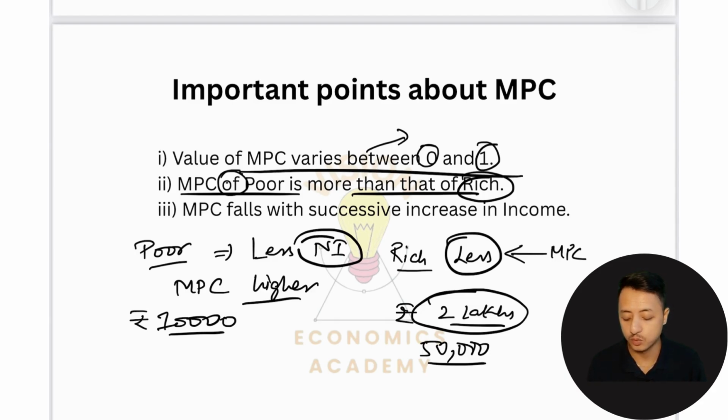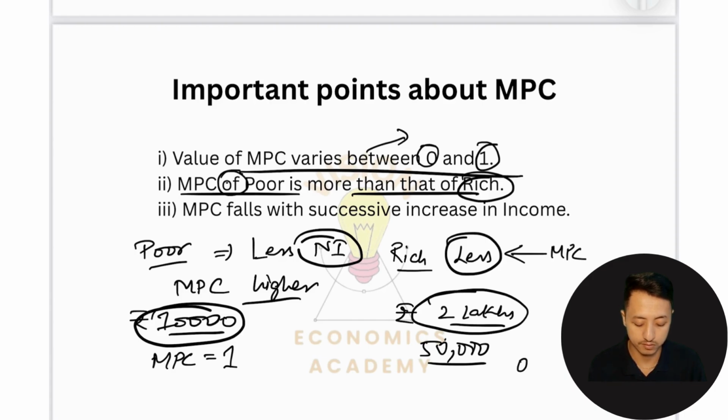Here your MPC would be 1, and here your MPC would be 0.25, right?